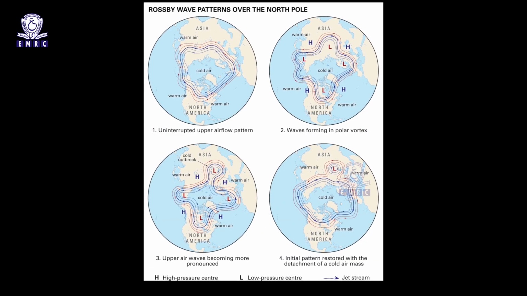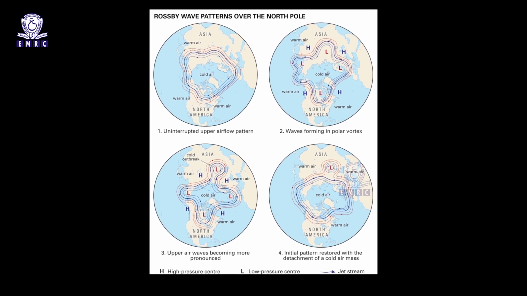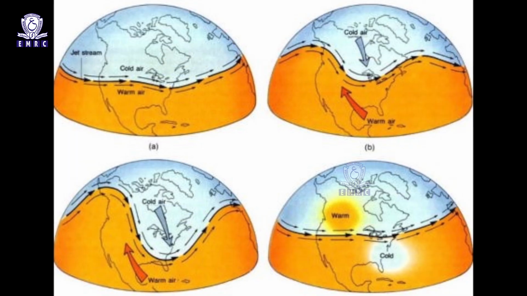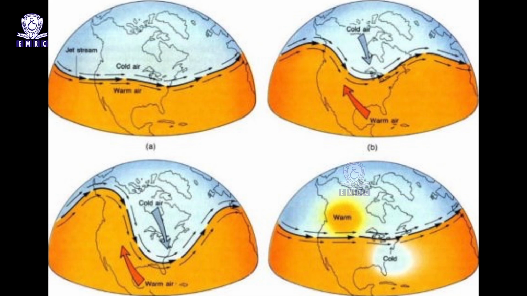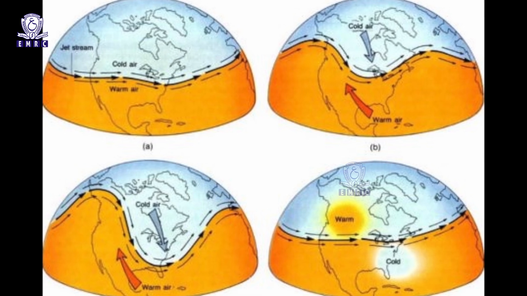The upper air circulation is also characterized by westerly Rossby waves in the upper troposphere and lower stratosphere. The Rossby waves are meandering loops of flow patterns of upper air westerlies and are embedded with the jet streams.